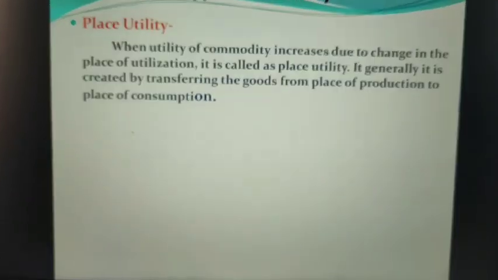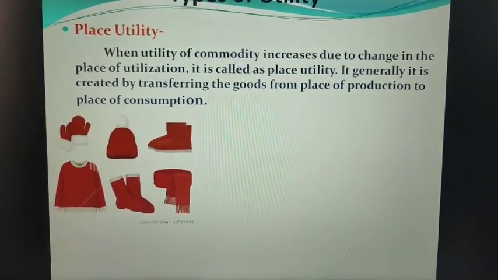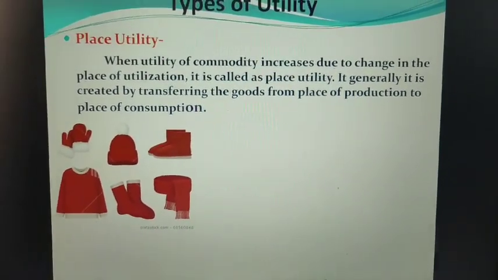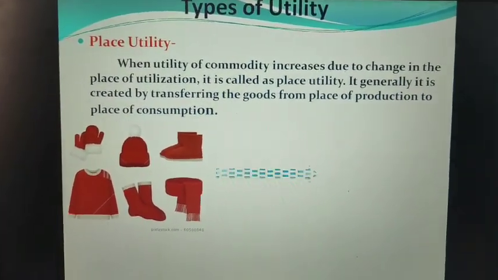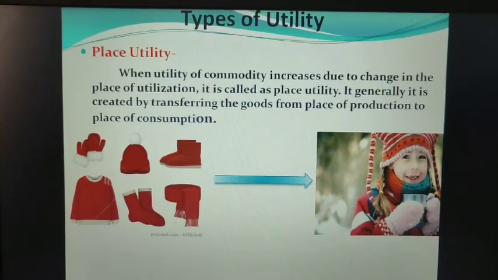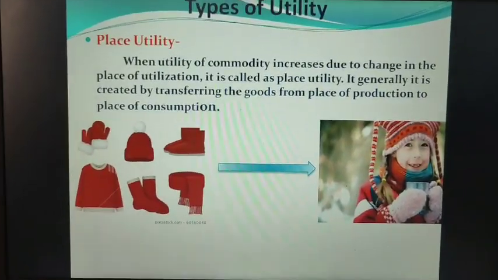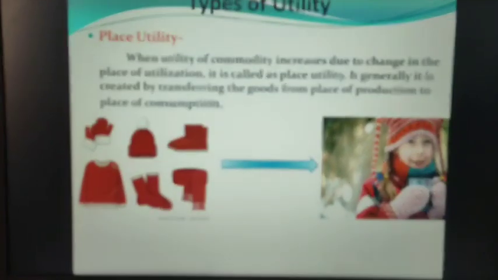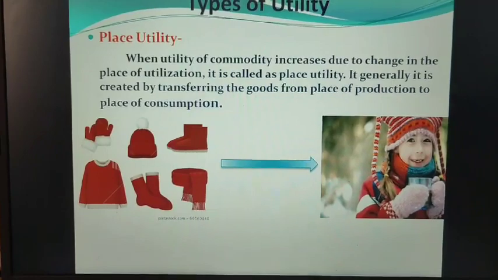Okay, for example, woolen clothes have more utility in a cold place. So we can get more utility out of it where the environment is very cold, right? So we can get more utility from woolen clothes in Kashmir than in Bombay, right?